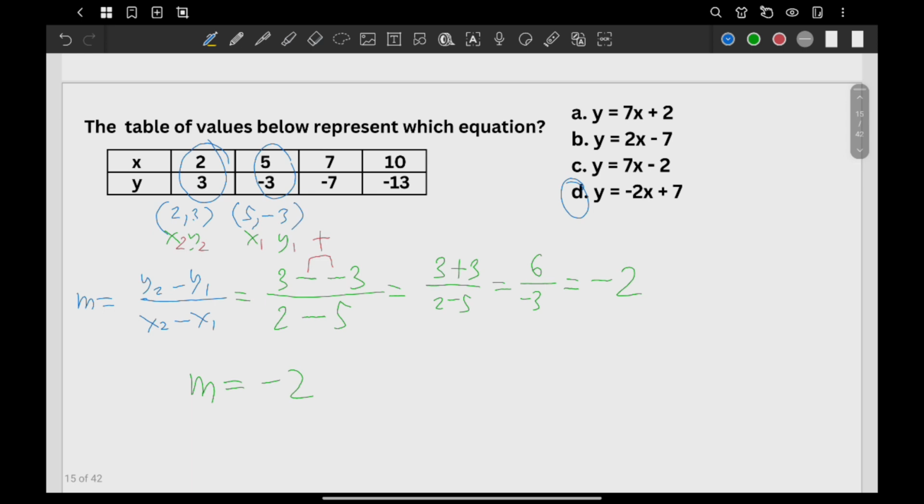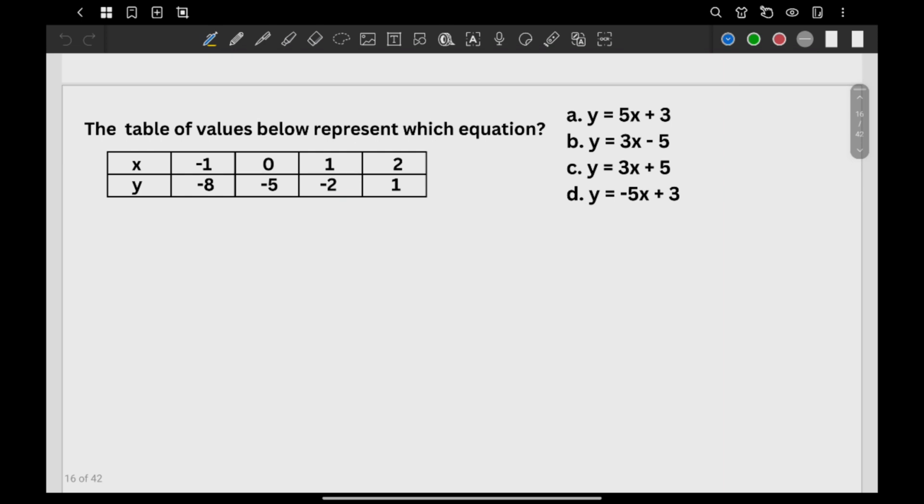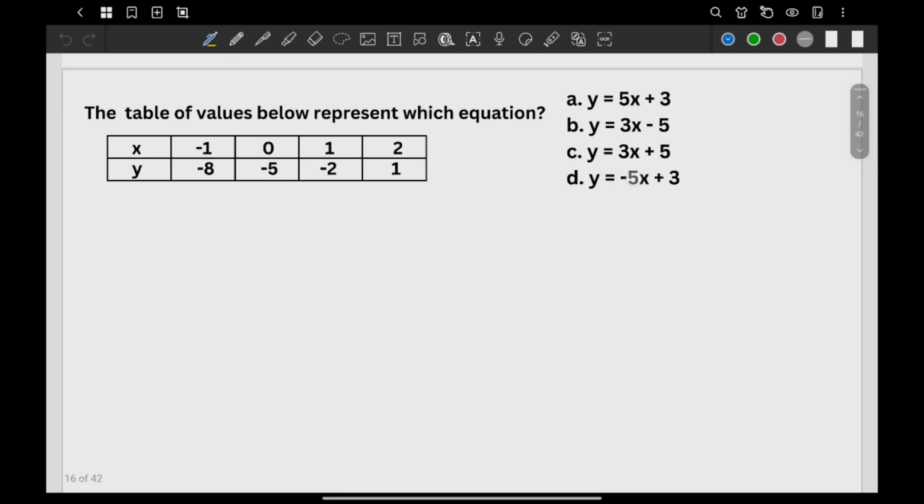Let's continue. Again, this one is a table of values. The table of values below represent which equation? Do I still need to solve the y-intercept here? Actually no need.